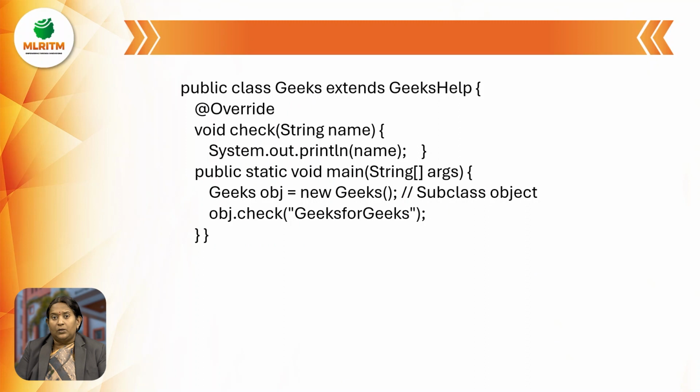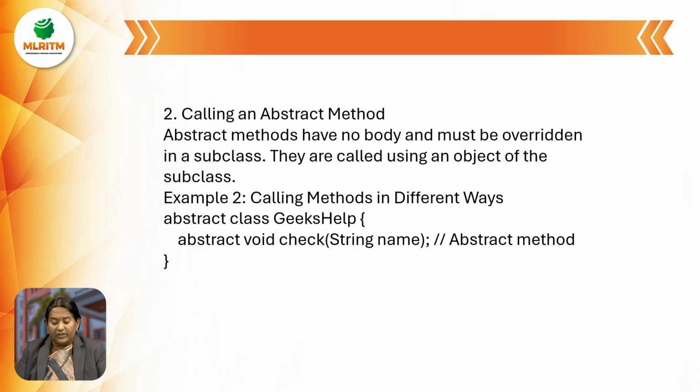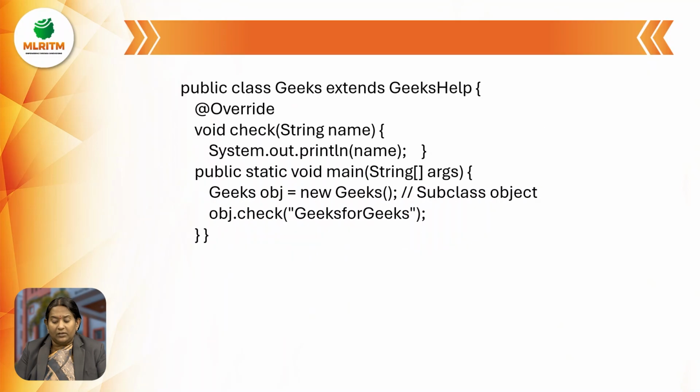Here we have to write the code for that particular method. What is the name of the method here? Check is the name of the method. That check method we will call again here, and here we will use the concept of overriding and implement that. Public class Geeks extends GeeksHelp. Geeks is the child class which is extending GeeksHelp.